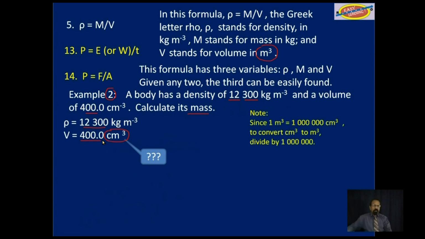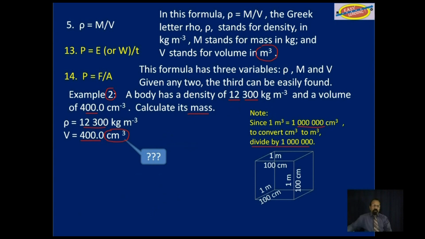Just a reminder how that is done. 1 cubic meter is equal to 1 million cubic centimeters. So to convert cubic centimeters to cubic meters, we need to divide by 1 million. How did we get that? Think about a cube that has sides 1 meter, which is 100 centimeters, 1 meter, 1 meter.